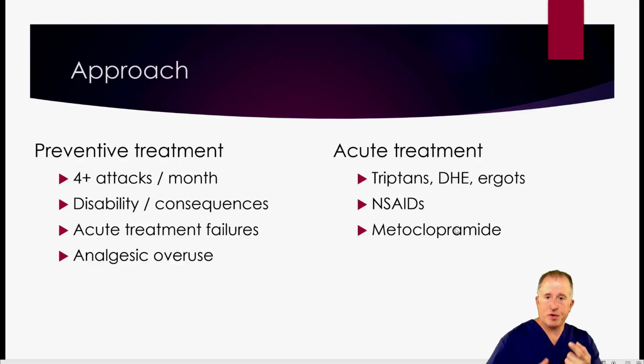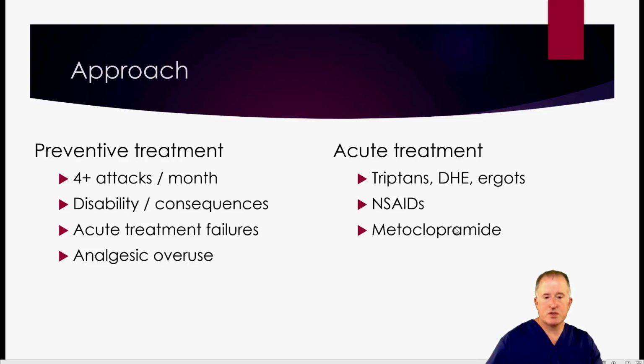That's divalproex or valproic acid or Depakote, and the other seizure drug would be topiramate or Topamax, which also comes in various formulations and brand names. Then there's a blood pressure drug, propranolol, a beta blocker, and then there's a tricyclic antidepressant, which is amitriptyline or nortriptyline or protriptyline. But really, it's kind of easy to remember that there's 4 preventive options. And we'll get into appropriate choice of preventive treatments in a future video.